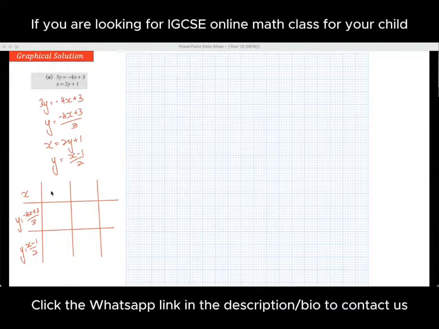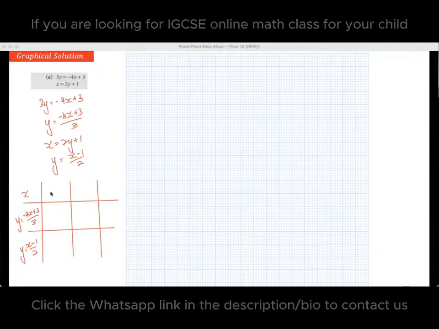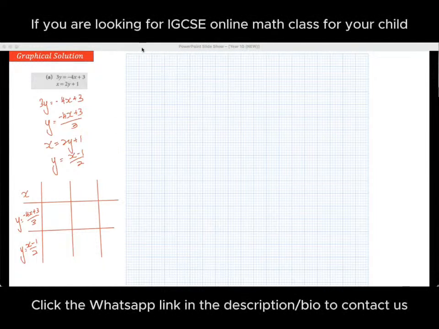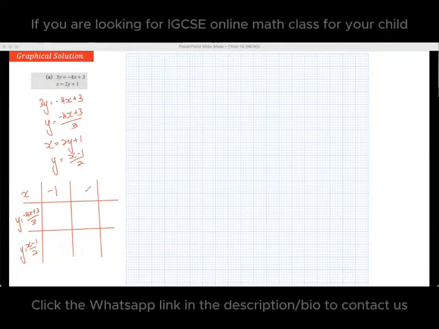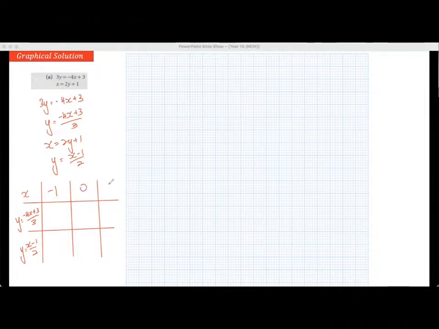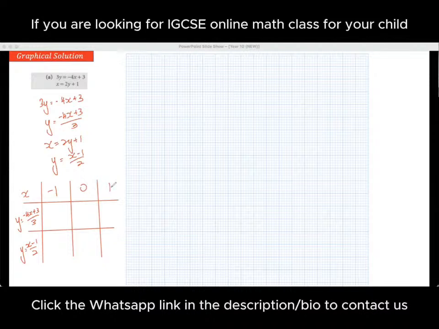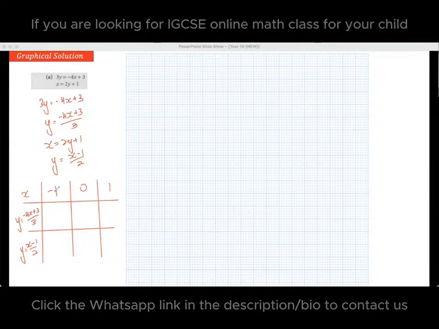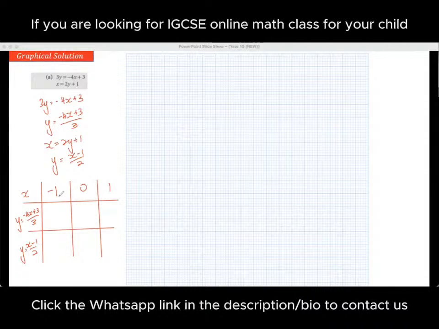I'll use negative 1, then 0, and 1. So I'll use negative 1, 0, and 1. I will try to make the scale as big as possible, because it is just 3 points.